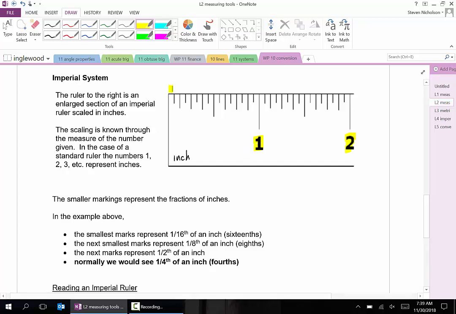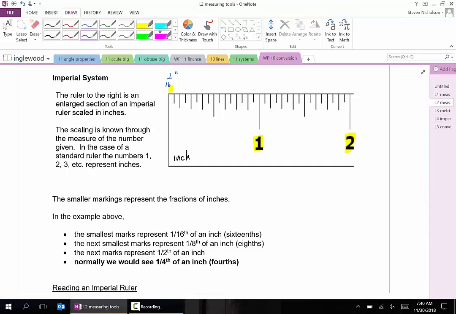And if you counted all of those up from start to finish, what you would notice is there are 16 of those little marks. And if there's 16 of those little marks, then each one of those little marks represents 1/16 of an inch. So the smallest graduation on this ruler would be 1/16 of an inch, and that's pretty common. Some rulers get down to 1/32, but a 16th is pretty common.